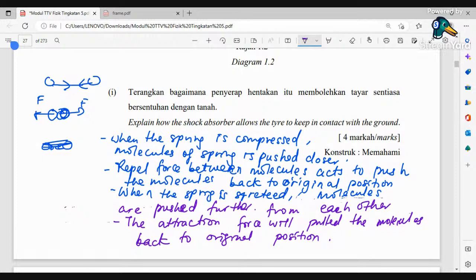Okay, same thing. When the spring is stretched, molecules are pushed further from each other, so attraction force will pull the molecules back to original position. So this property of spring will cause the tire to keep in contact with the ground.